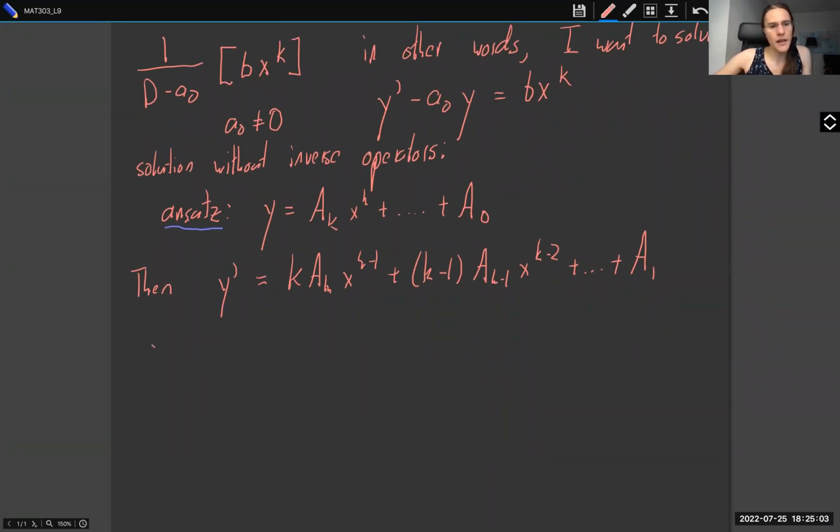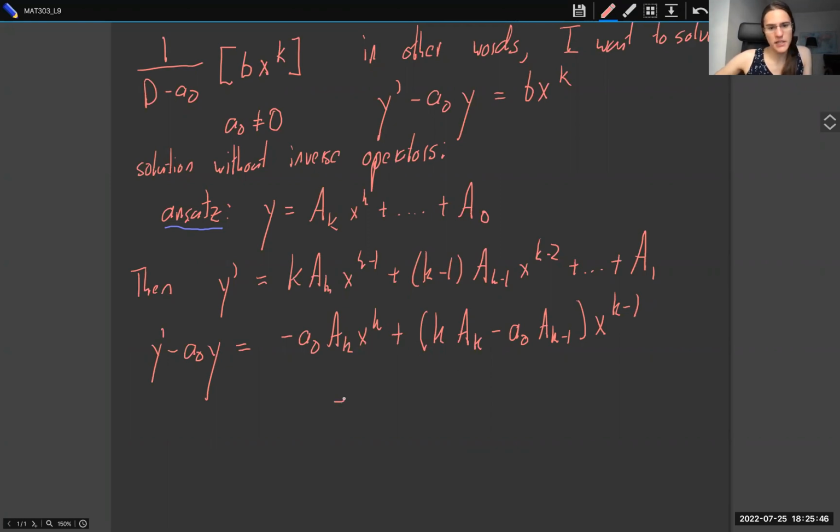And so y prime minus a naught y is going to equal minus a naught a sub k x to the k. That's going to be the leading term and the only term with x to the k as its power. Plus k a sub k minus a naught a sub k minus 1 by x to the k minus 1.